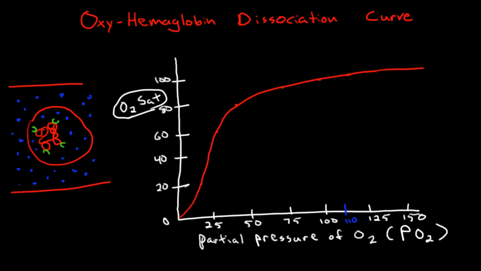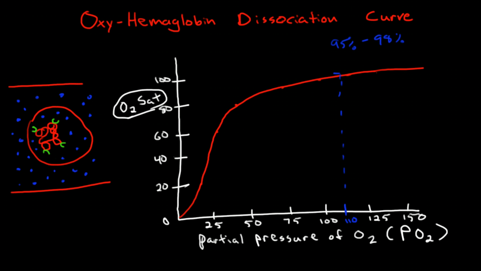When we have a normal PO2 of around 110, our saturations are usually going to be about 95. Our oxygen saturation is usually about 95 to 98%.